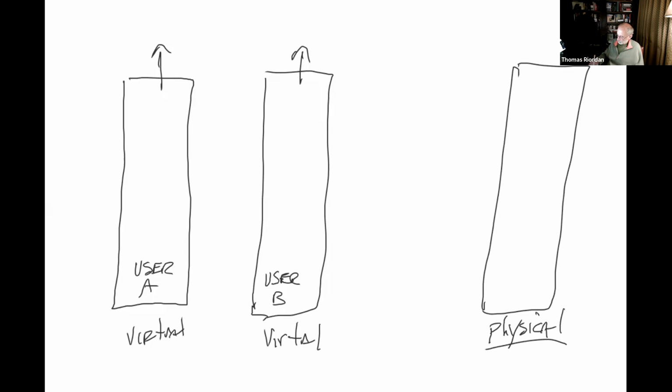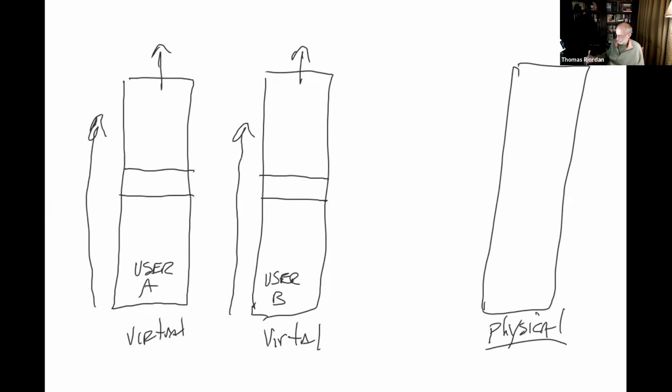But what we're going to do is say, okay, let's say that both these guys have this same part of their virtual memory. Let's say they're both using it, which is very likely. They're both going to start here from the bottom and start writing their program and allocating their data on the way up. It's very likely that these two sections at the same place will get used by both of them.